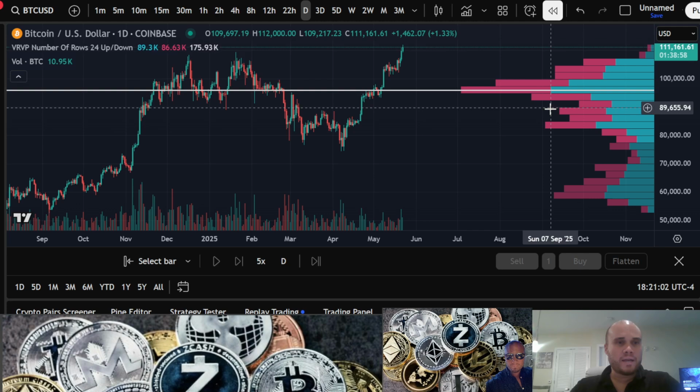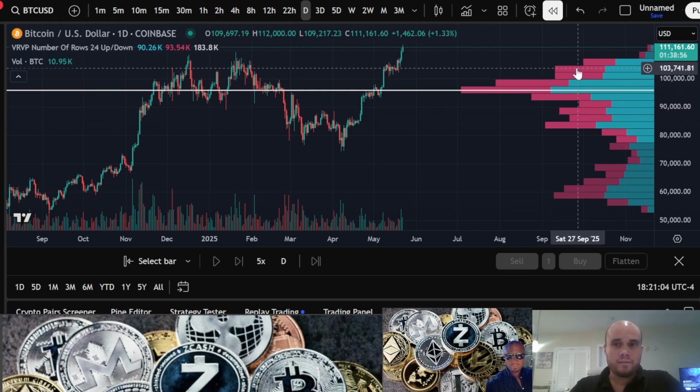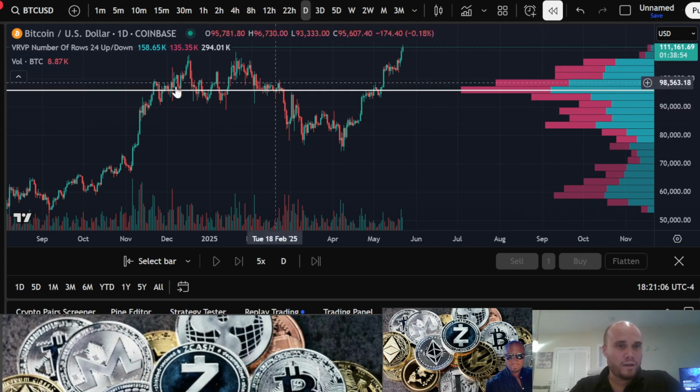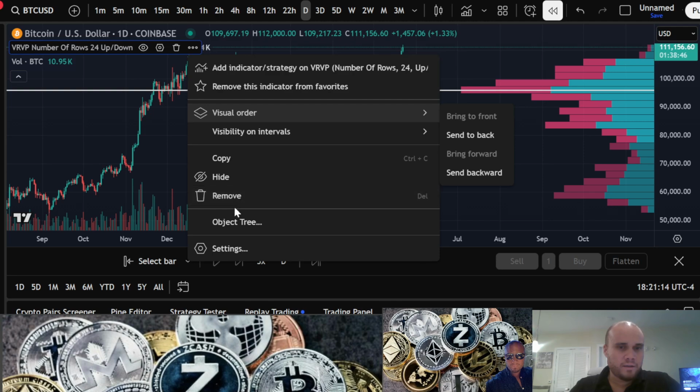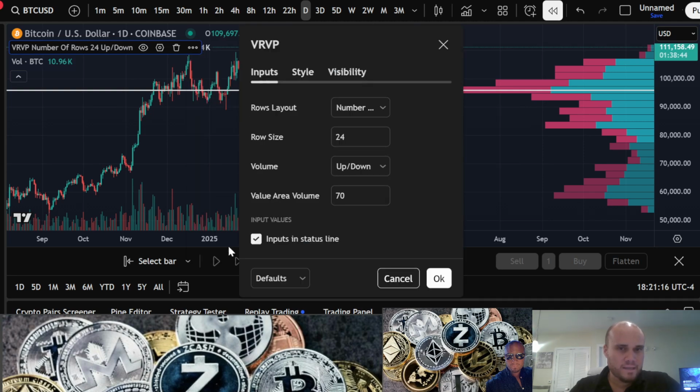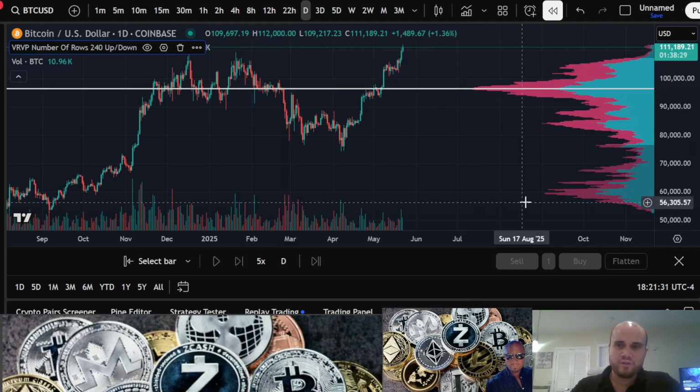You're going to have to go ahead and change the settings here on the volume range visual profile, and you go over here to the left, okay, where the indicators are at, and you're going to click on your settings here. Go all the way bottom to the settings, and what we first want to do is change the row size to just put a 0 there, from 24 to 240, and you'll see that when I do that, this is going to change the volume range visual profile.